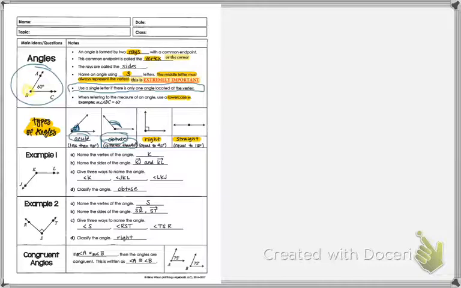The right angle, you can typically see the box, 90 degrees. That is a right angle. But the other one that people don't pay attention to is the straight one. It creates an exact 180 degree angle, or you can call it a straight line. A line measures 180 degrees. A straight angle is 180 degrees.